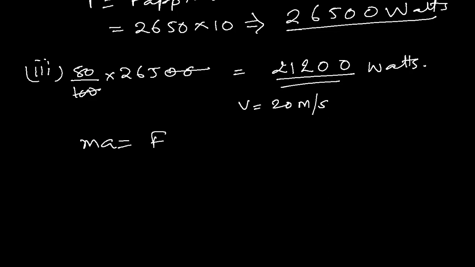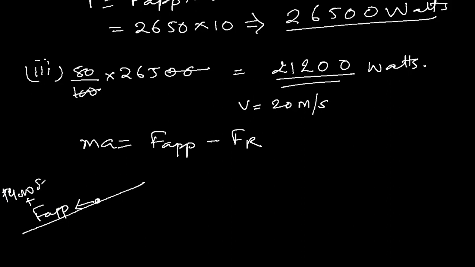Mass times acceleration is applied force minus resistive force. Since it is going down this time, the applied force will be in this direction, and it will automatically come down with the help of 14,000 sine theta. This angle is theta. Only the resistive force of 650 newtons will try to stop it. So let's put the things here. Mass is 1400 kg.